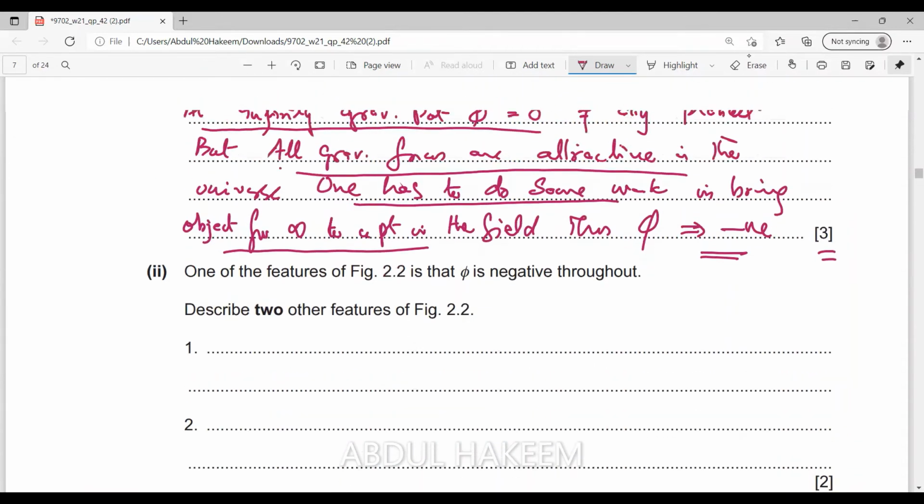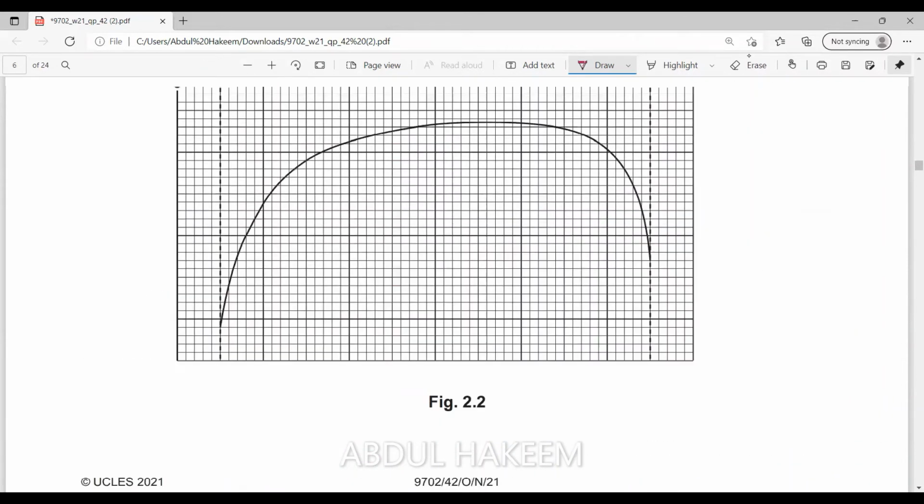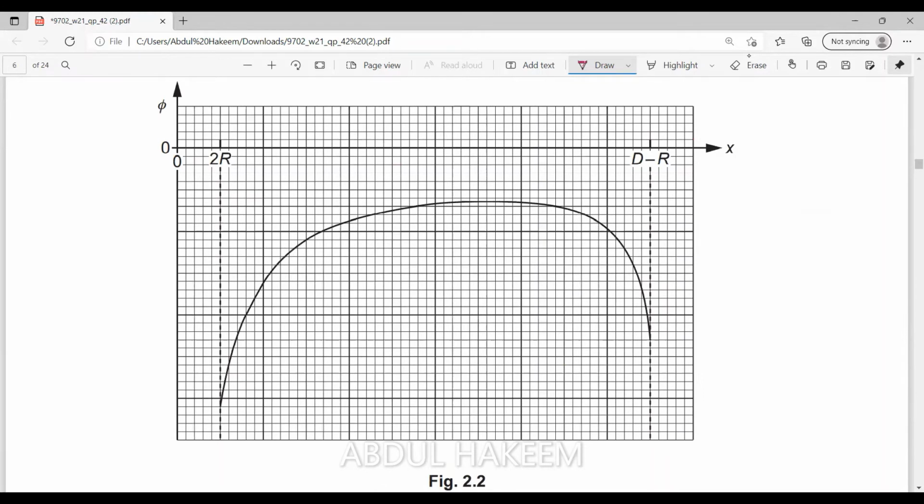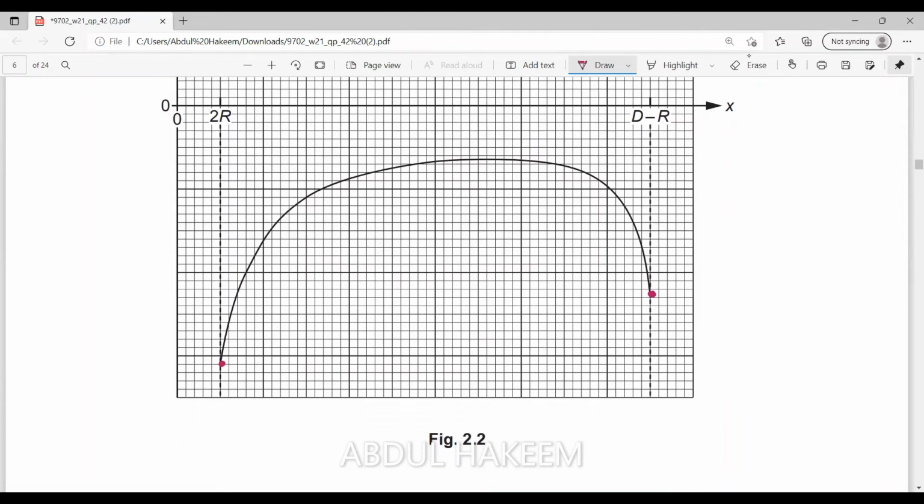Describe 2 other features. So look at the graph. This is negative, yes. And the number 2 feature is that the gravitational potential at the planet's surface and the gravitational potential at the moon's surface have different values. This is another feature.